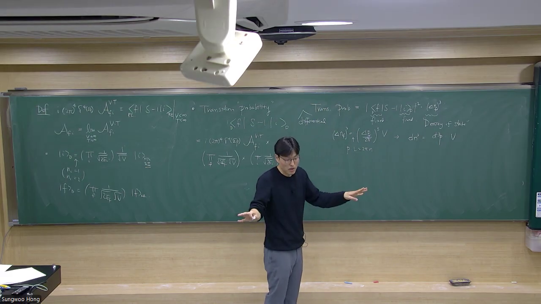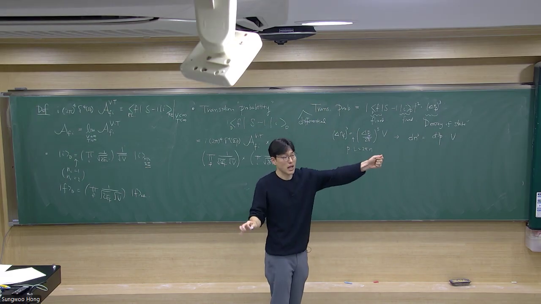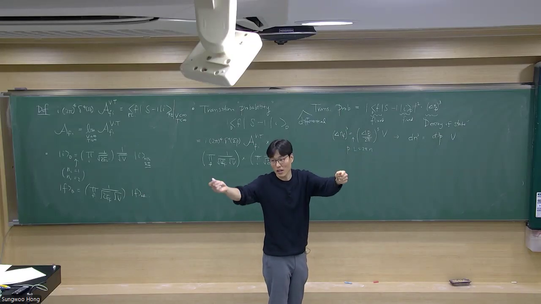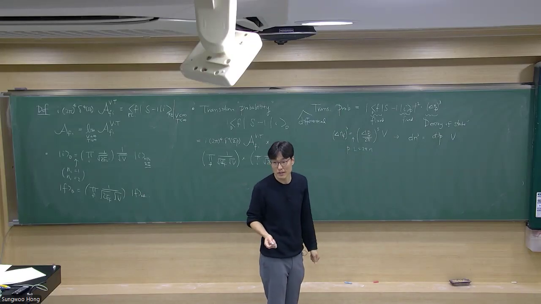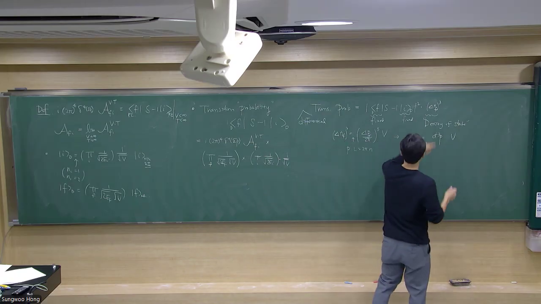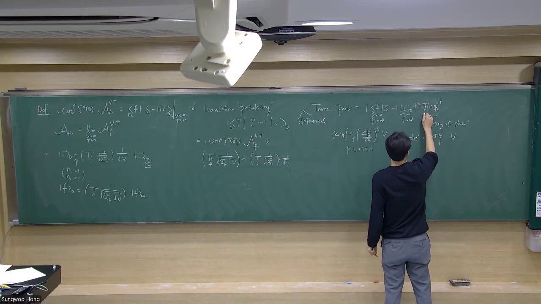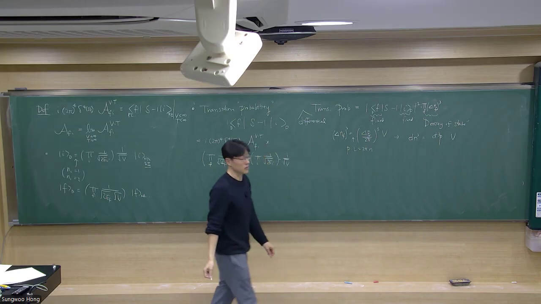So for a given final state particle, I should ask what is the number of states in that particular momentum direction. So here I'm actually taking the product over the entire final state particles. That's what I'm doing.